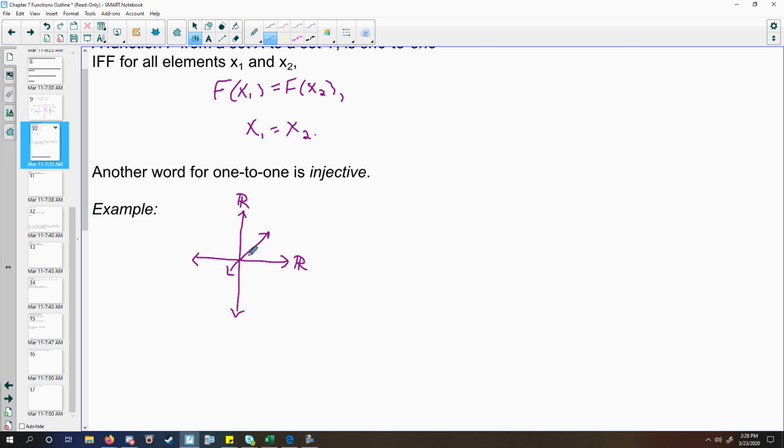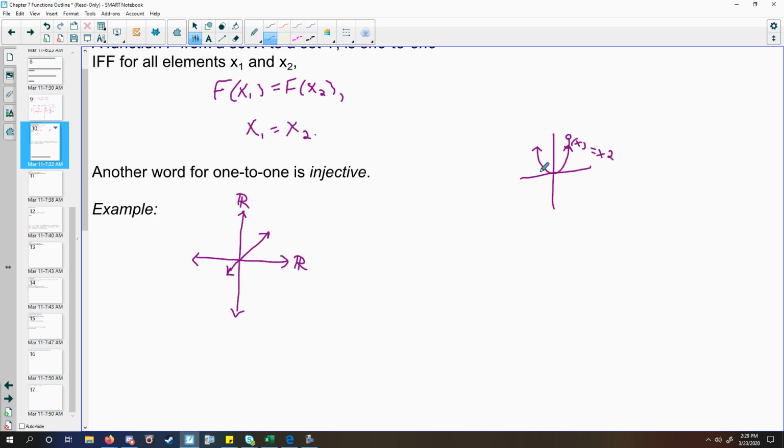If you look at this, no matter where you go on the line, every single y value has a unique input, a unique x value that maps to it. So this example on the left would be one-to-one. On the other hand, take something also defined from the reals to the reals, say g of x equals x squared.